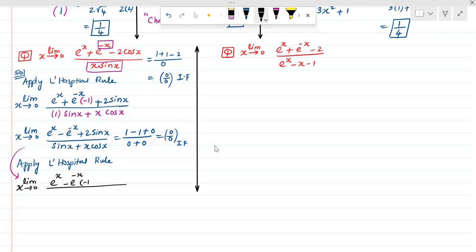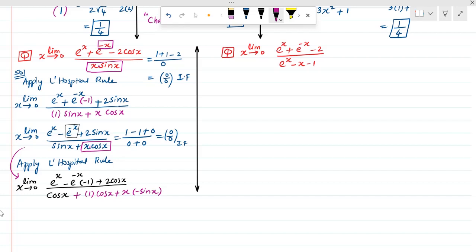There is a chain rule, minus 1 for this part. Next, plus sine differentiation is cosine. When you differentiate the sine, you will get cosine x. Now, when you differentiate the second part, you have to apply f into g product rule. Cosine will be fixed, plus x will be fixed, cosine differentiation minus sine.